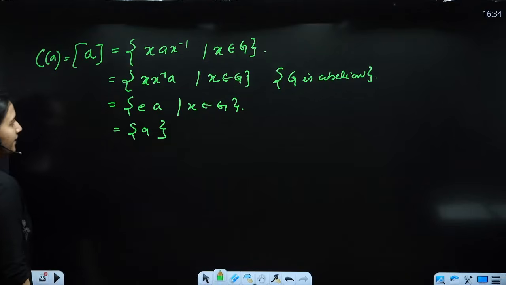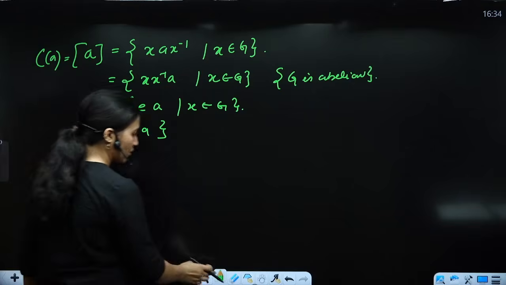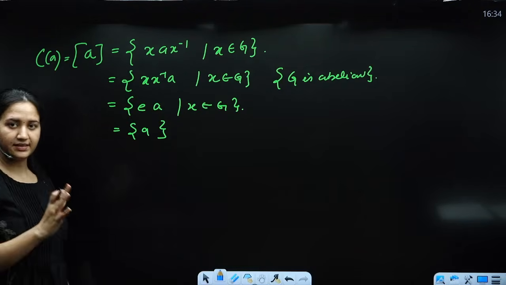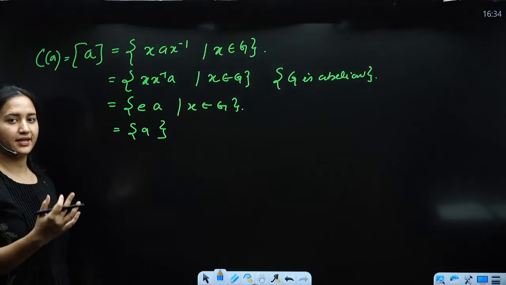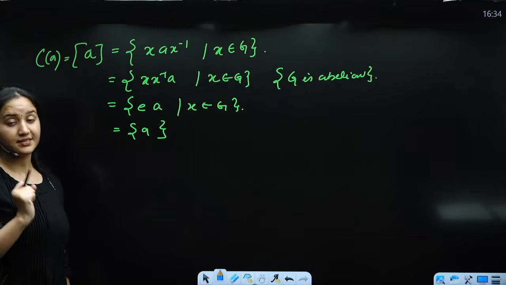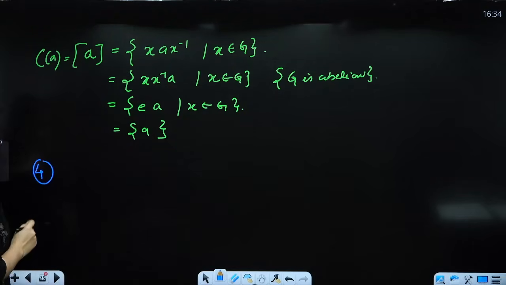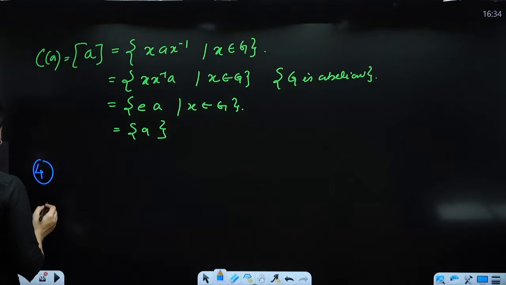All right. Now the most important part of this, I guess, is the conjugacy element part, because this is going to get carried forward to your class equation part, right? So the fourth point is very important.